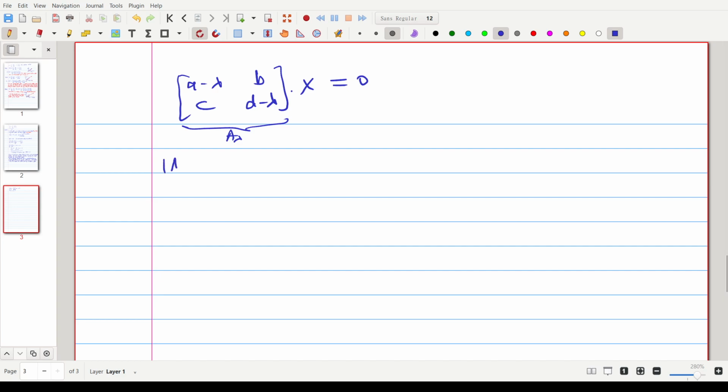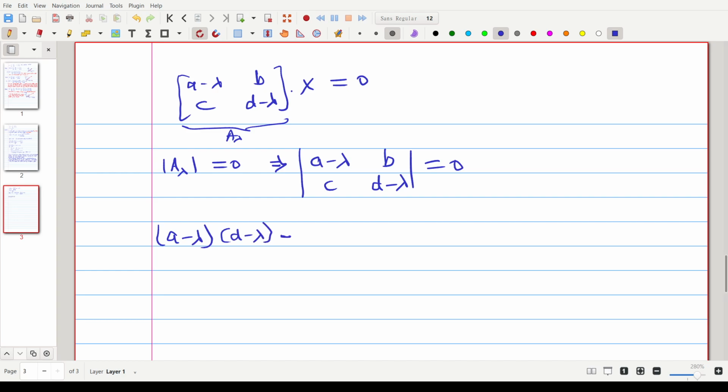The determinant of A lambda is 0 would imply A minus lambda, B, C, D minus lambda is 0, and this would mean (A minus lambda) times (D minus lambda) minus BC equals 0.